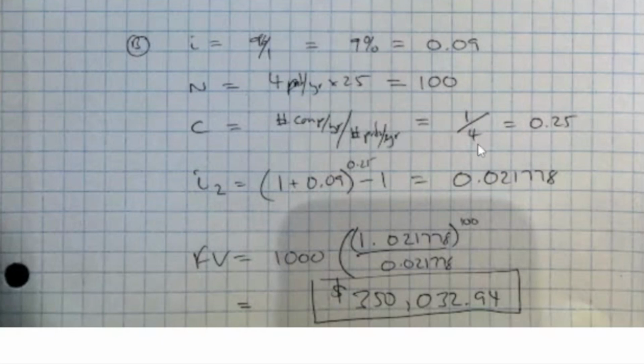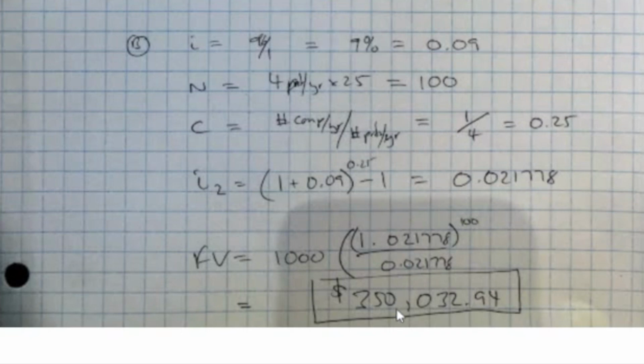So that's 0.25, or 1/4. We can calculate I2 then as 1 plus 0.09, which is our I, to the power of 0.25, which is our C, minus 1, and that's 0.02177. We take that I2 and plug it into the future value formula.